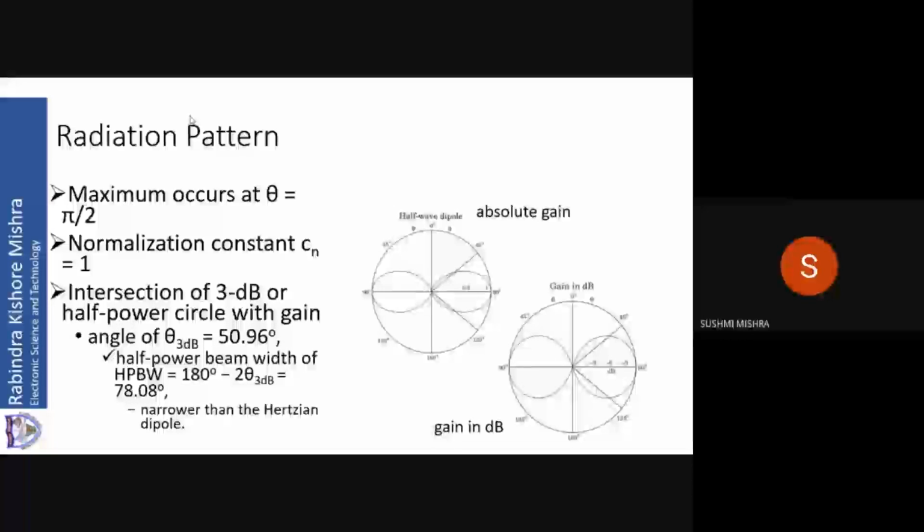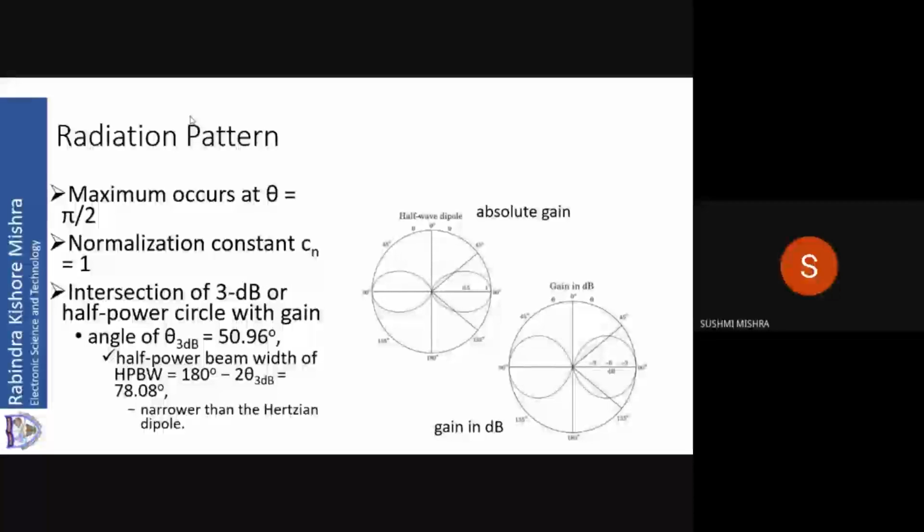Then we can also find that the intersection of the 3 dB or half power circle with the gain pattern occurs at an angle theta 3 dB, which is equal to 50.96 degrees. How we will find this out, we will see later also, but this is what it is.